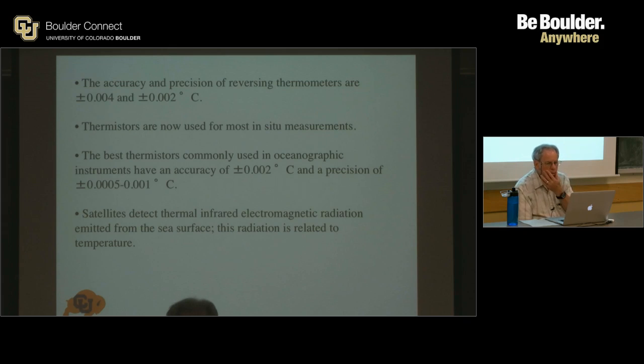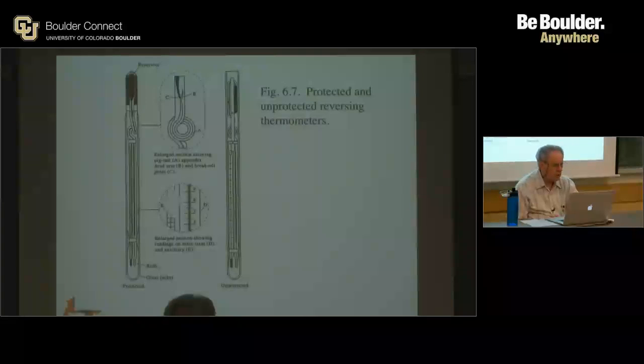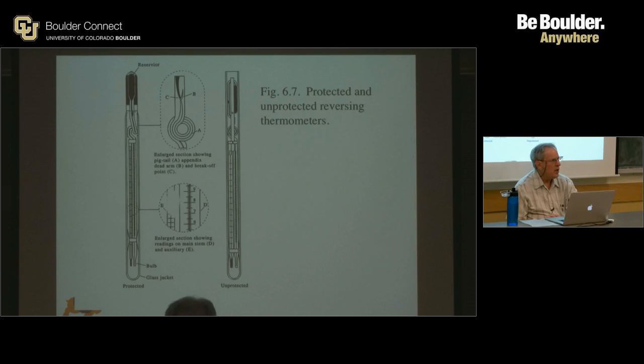And the interesting thing was people realized that there were 2 kinds of thermometers. One was called protected, so it's completely encased in glass. And one was called unprotected, so you can see it's open at the top.